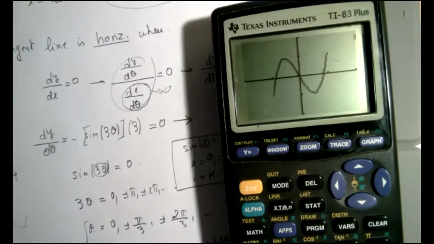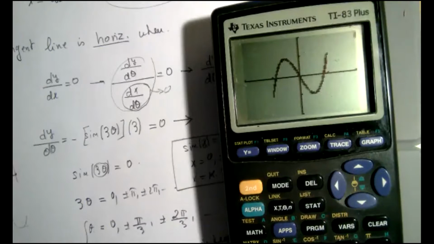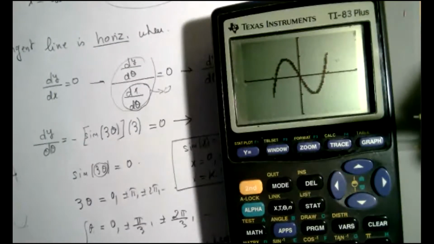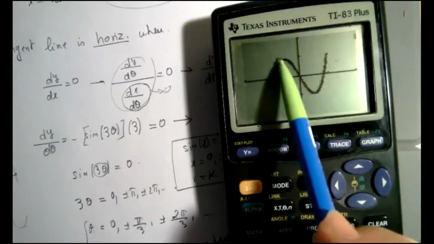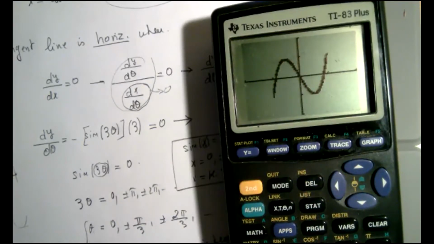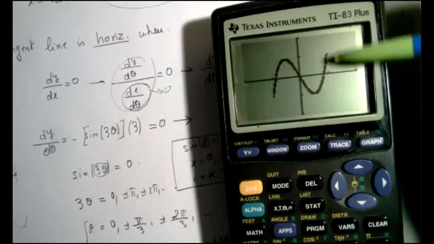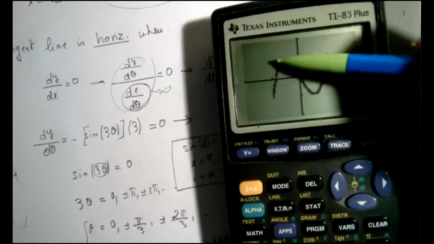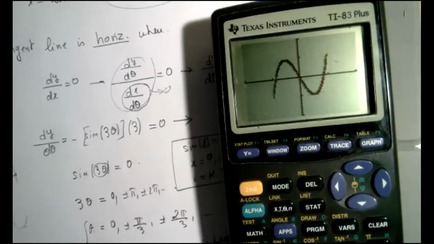I'm going to graph it. Okay, it's giving me the exact same graph. I think what's really happening here is the graph is going around itself. So the vertical tangents are happening right here, and the horizontal ones are doing this.